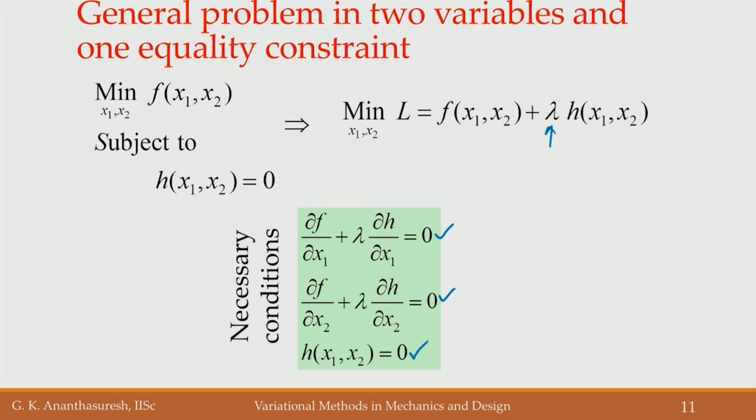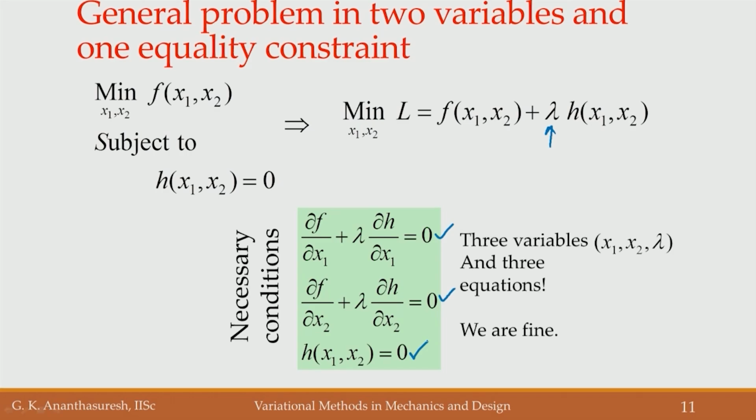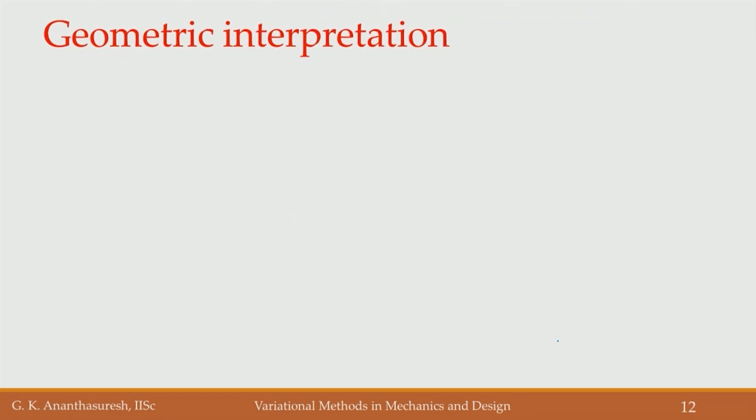We have three equations in three variables. Our variables are x1, x2 and lambda. So, we are fine, we have as many equations as unknowns and hence we can solve for them, okay. This is how we deal with equality constraints.